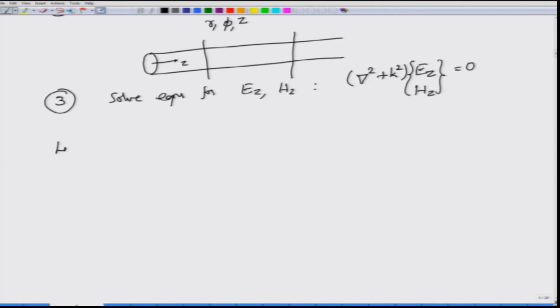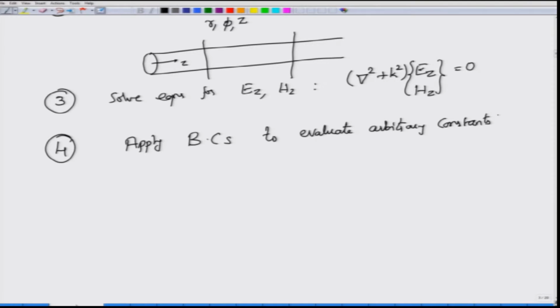Once you have found Ez and Hz, then you apply boundary conditions. So take the result of the equations corresponding to Ez and Hz, and then apply boundary conditions to evaluate arbitrary constants that are going to come up in the solution. So you have to evaluate those arbitrary constants.